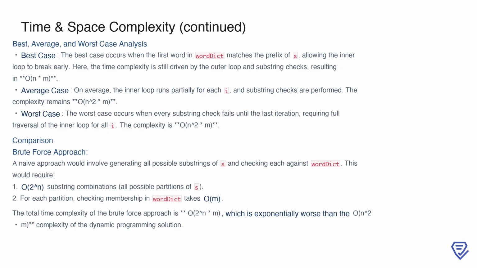To put this into perspective, we compare it to a brute force approach that generates all possible substrings of s. This naive method requires O(2^n) combinations, and for each combination, membership checking in wordDict takes O(m). Consequently, the brute force approach has a total time complexity of O(2^n * m), which is exponentially worse than the optimized dynamic programming solution with O(n squared * m).